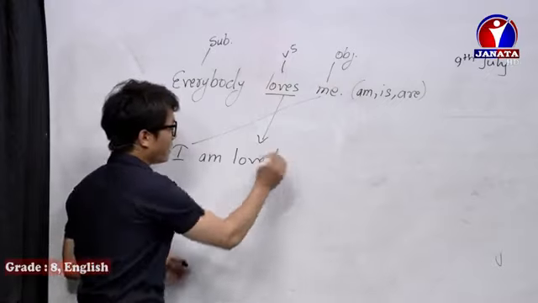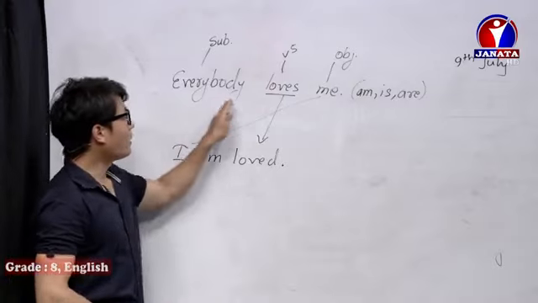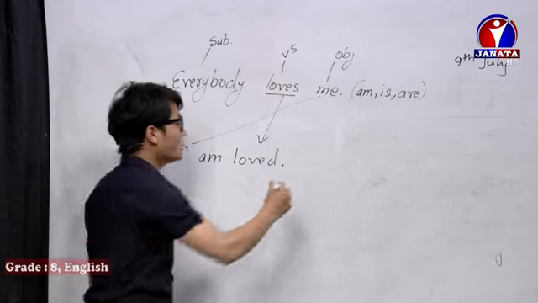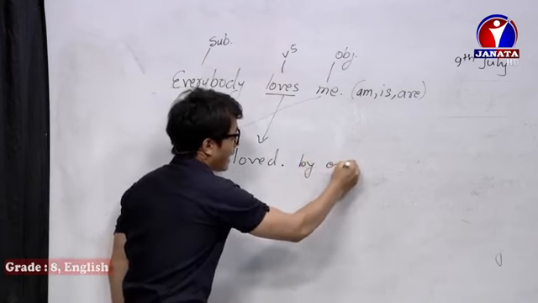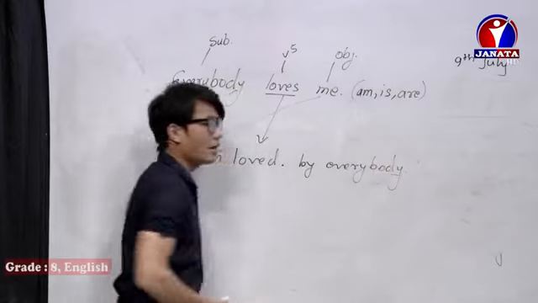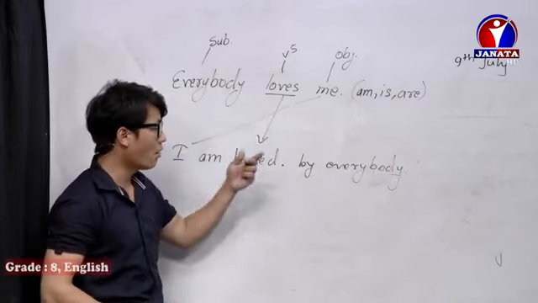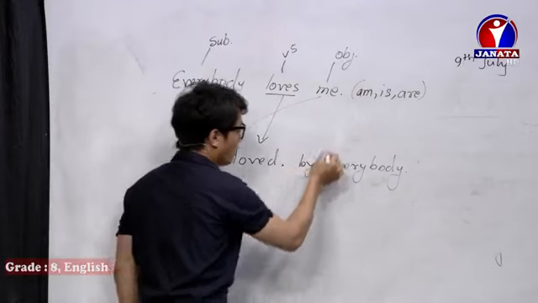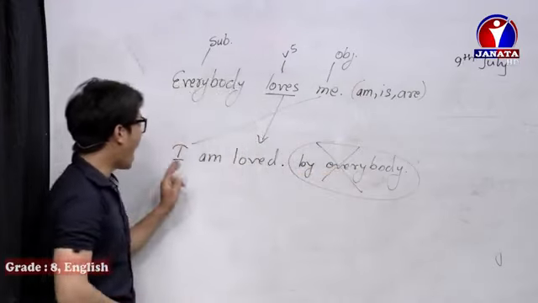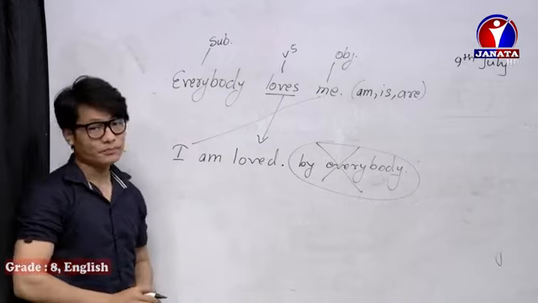So finish. Everybody loves me. I am loved. You don't need to write "by everybody". If you write it, it can be wrong because this is an unclear subject. Just write: I am loved.